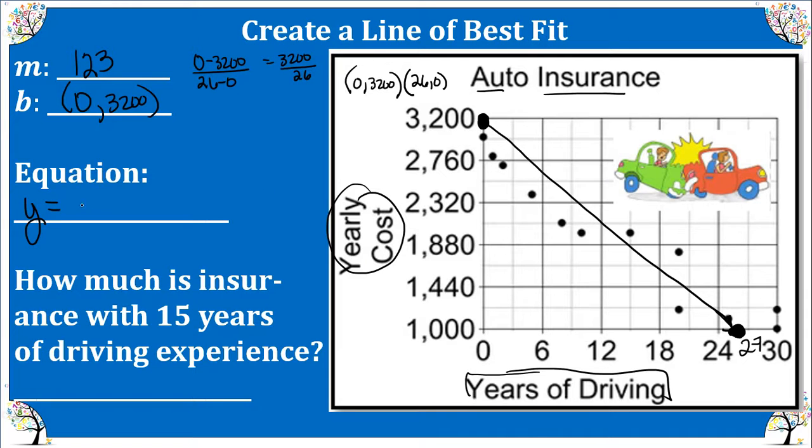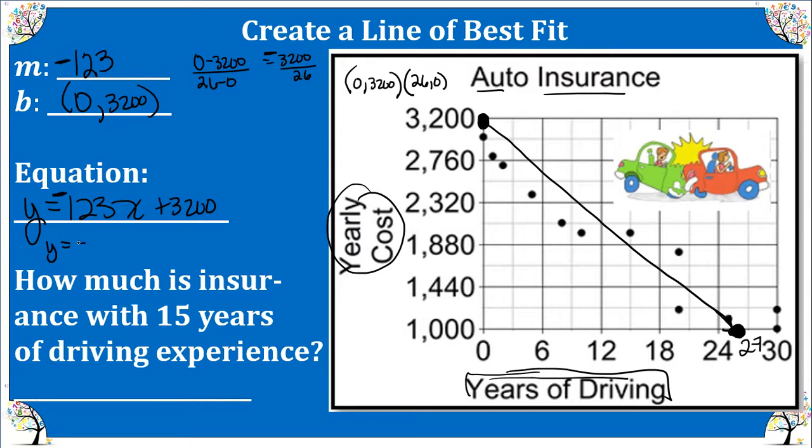So we put that together and write y equals 123 times x. Ooh, it's negative. Miss Thomas, don't forget, it's negative. It's a negative slope plus 3200. So we want to know how much is insurance with 15 years of experience, and years of driving is my x.